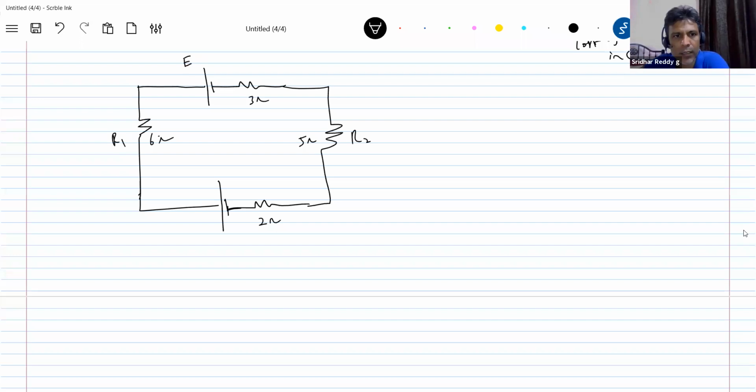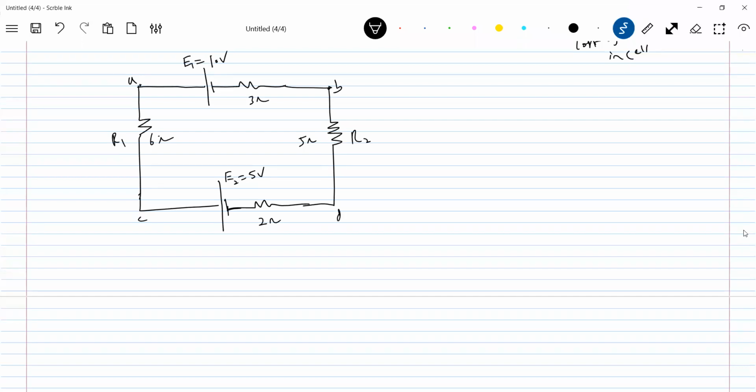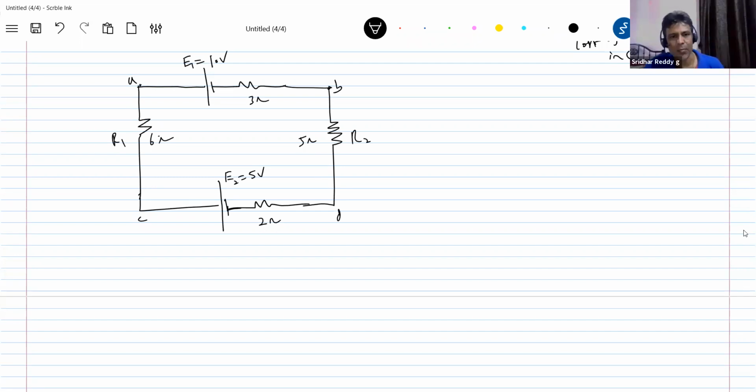This is E1, 10 volt, E2 5 volt. So these are the terminals A, B. This is CD. So these two cells are there. A, B are the terminals, C and D are the terminals. R1, R2 are external resistances.